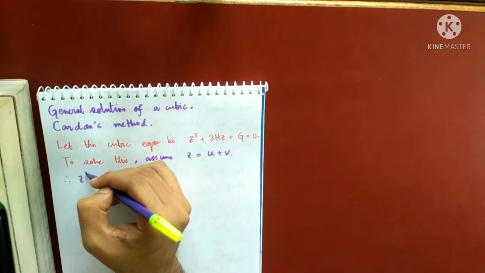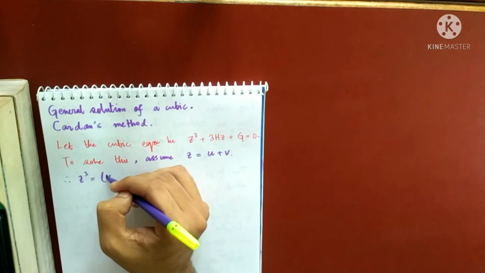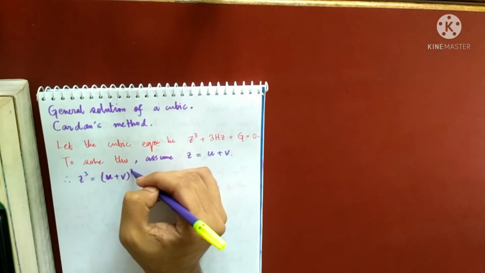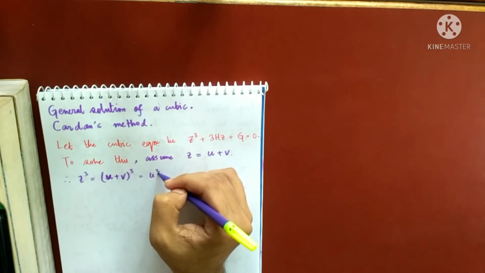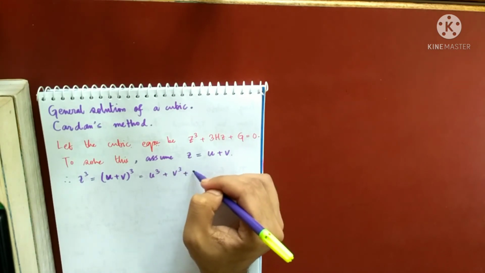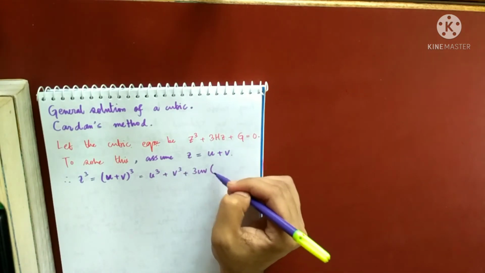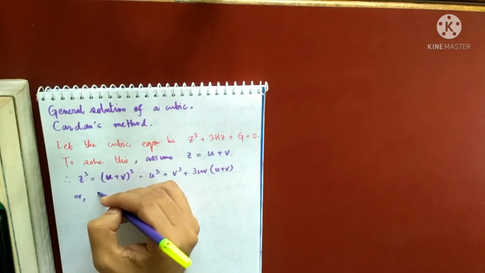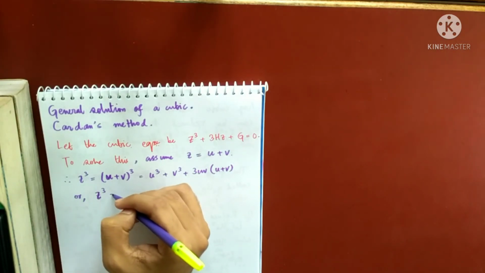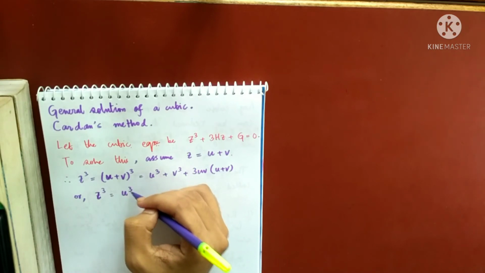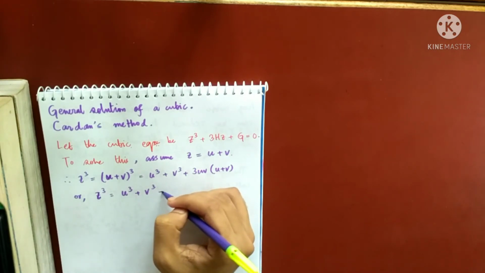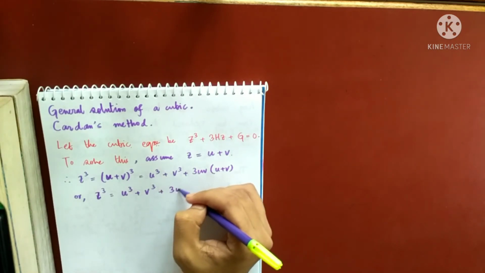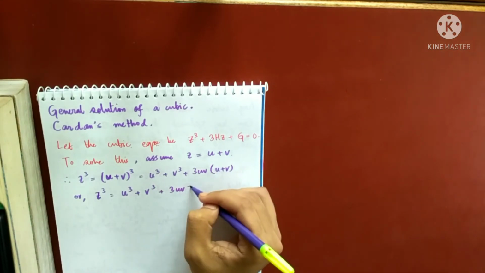Therefore z cube will be u plus v whole cube. What is that? U cube plus v cube plus 3uv in bracket u plus v. So z cube is u cube plus v cube plus 3uv, and this is again z.